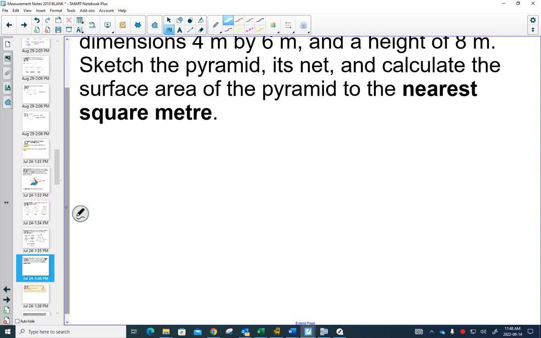So here we have a rectangular tetrahedron. This is 4. This is 6.